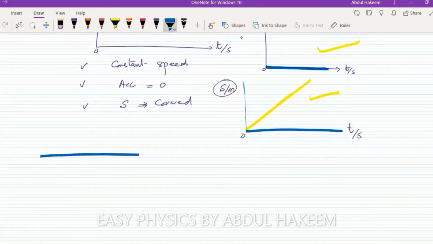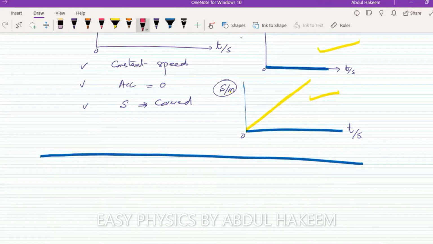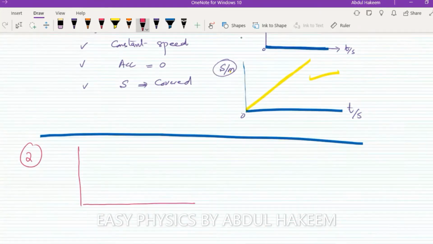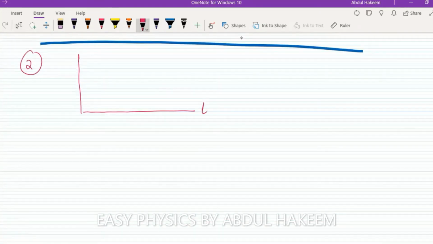Now the next motion, number 2. Suppose the graph of v against t is this straight line passing through the origin. So what is the motion?